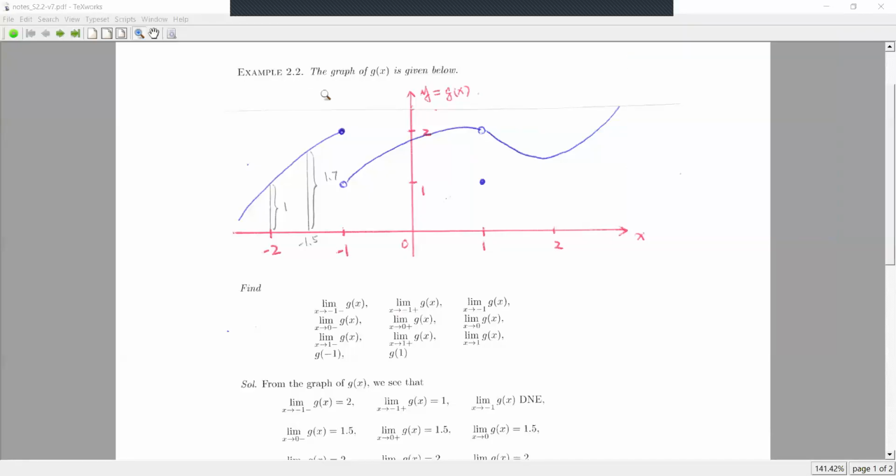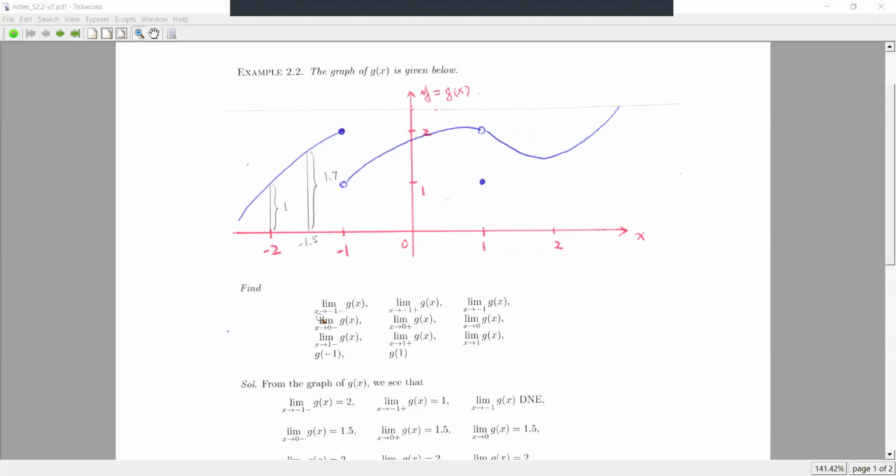Example 2. The graph of function g is given below. The blue curve is the graph of the function. Now, based on the graph, answer these questions. The first question is a left-hand side limit at the point -1.